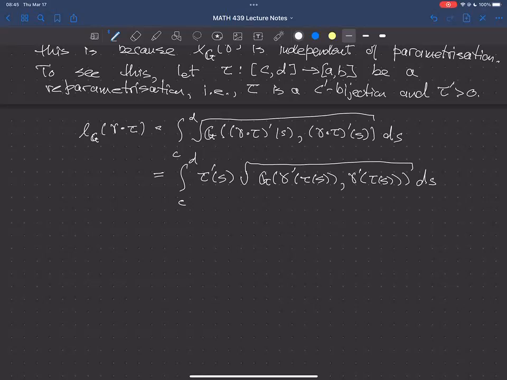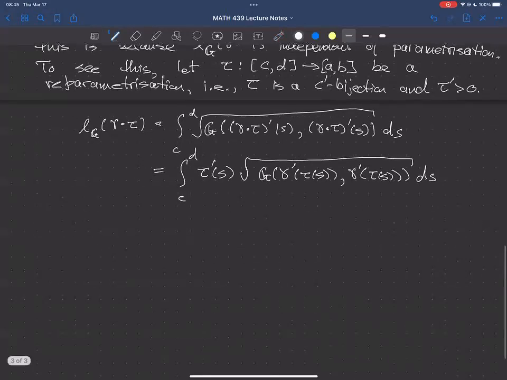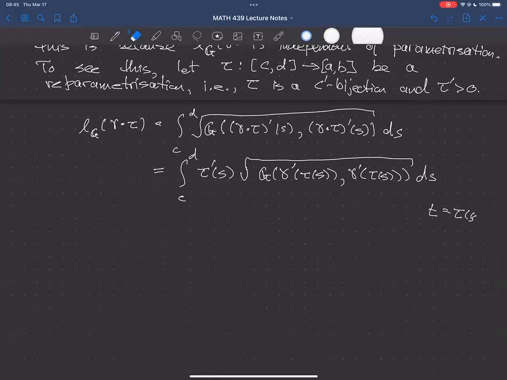All right. So now you notice that this is d tau by ds. Combining this with this, this is d tau by ds ds. That looks like it's crying for a change of variable. And so I'm going to define t to be tau of s.